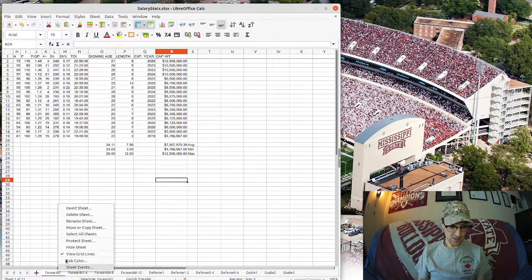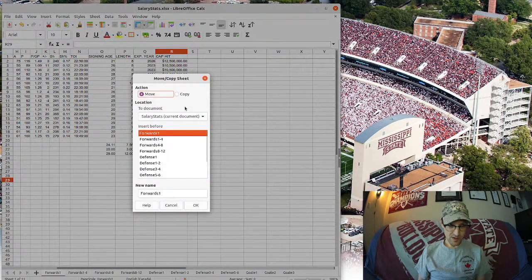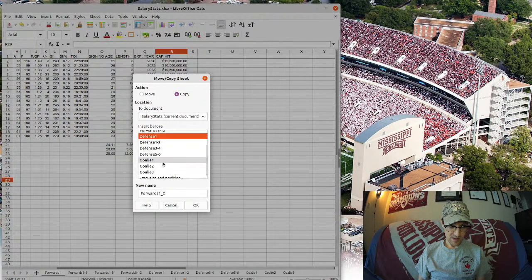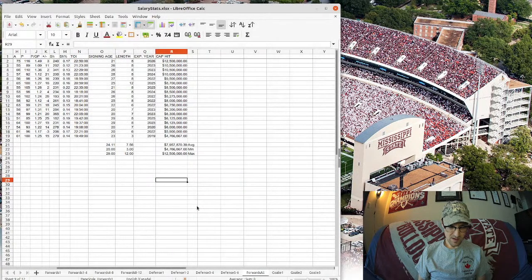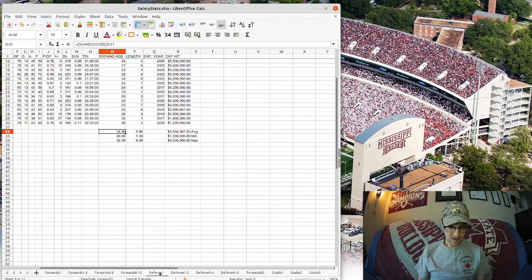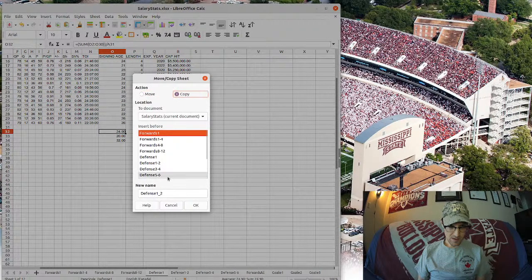So we'll do copy, insert before. Let's do it there. Copy, insert before that.